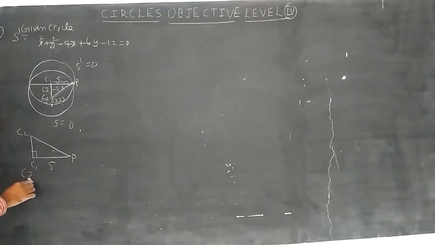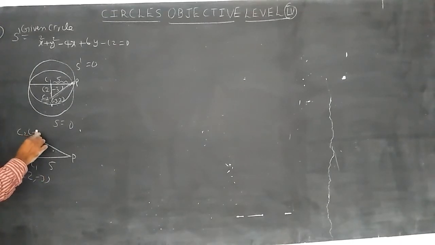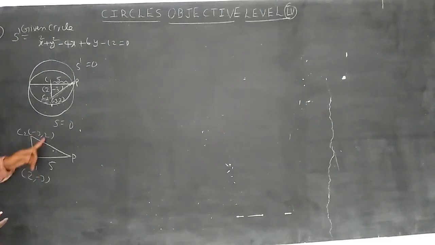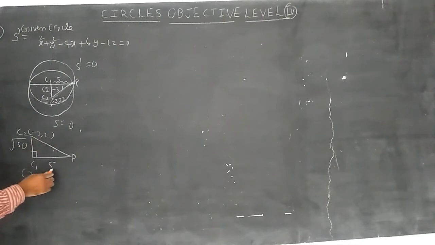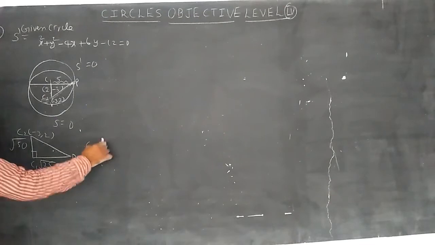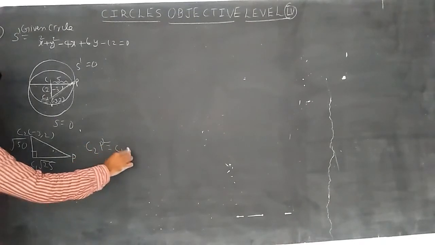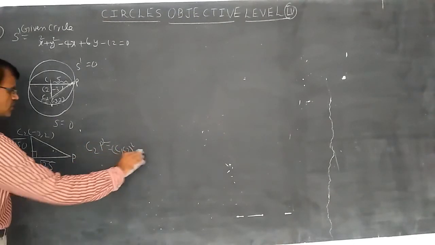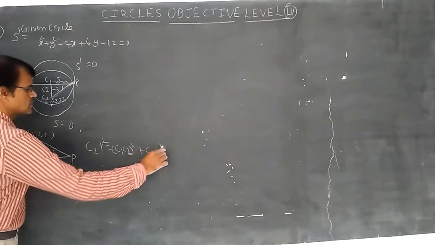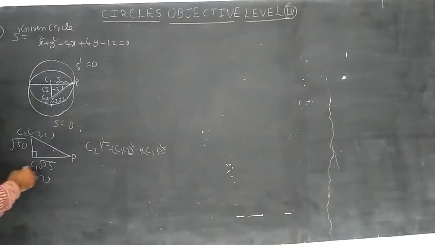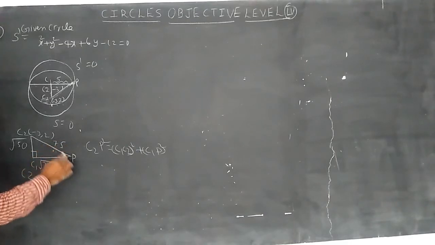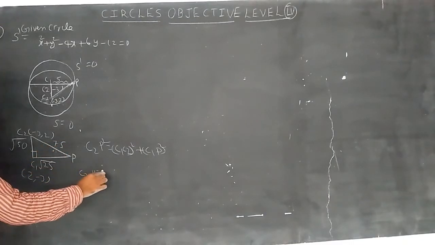What is C1? 2 comma minus 3. What is C2? Minus 3 comma 2. Let us find the distance C1C2. 2 plus 3 squared is 25 and minus 3 minus 2 squared is also 25. So it is root 50. C1P is 5, so root 25 also you can write. Now using the square of the hypotenuse equal to the sum of the squares of the two sides, C1C2 whole square plus C1P whole square is 50 plus 25, that is 75.